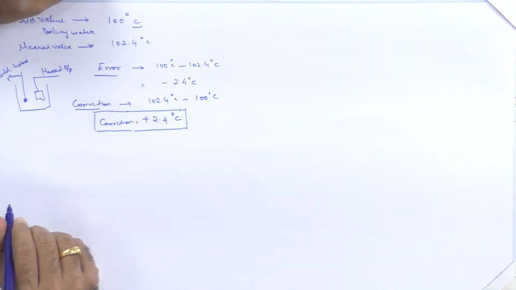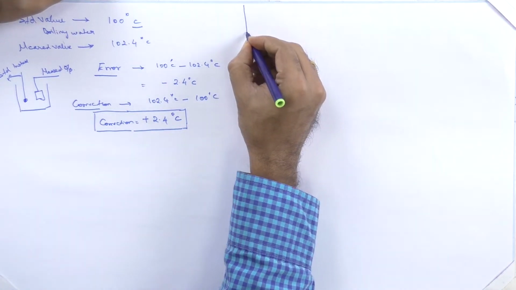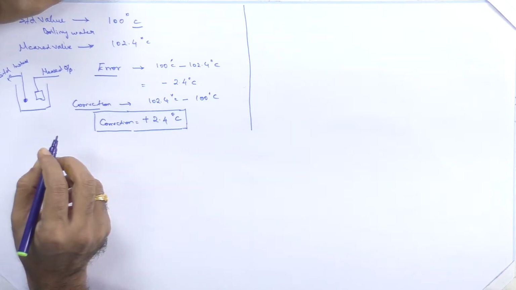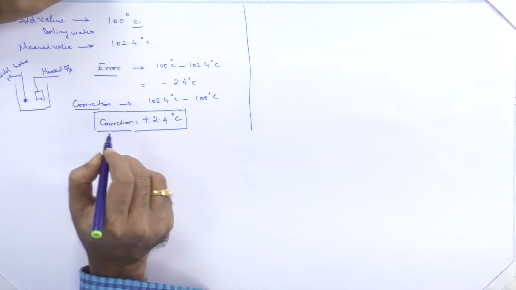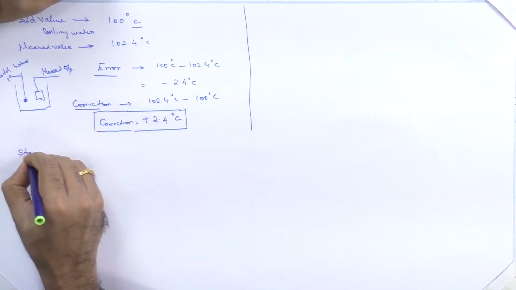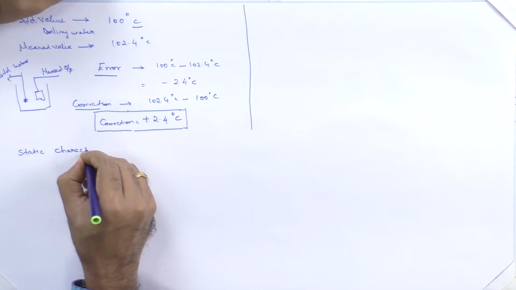We will now move on to the most important things of transducer engineering. We have completed the most important static calibration, and now we go for static characteristics.